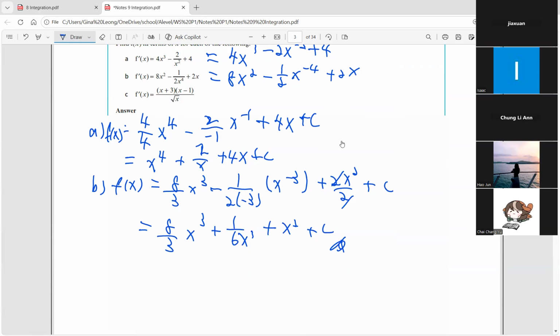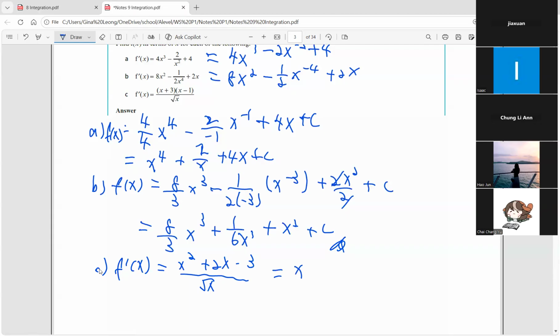Okay, then for this case, what we have to do is we need to simplify it first, which means we expand. For f prime x, I expand first. So what I get is x squared plus 2x minus 3 over square root x. This one I can simplify further because the square root x has to be given to everybody.